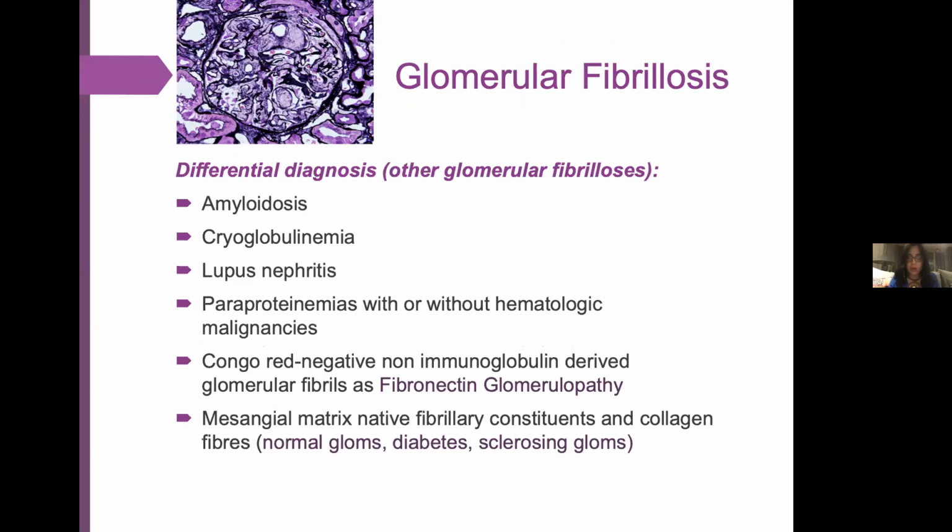So it can be a normal glomerulus, by the way. Diabetes is an example. Sclerosing glomeruli is an example. So not every fibril you would detect on EM is pathologic. That's number one. And number two, not every pathologic fibril is going to be related to a fibrillary GN or an immunotactoid GN, because you have, as you can see, a long list of common diseases which can also cause more or less the same appearances.